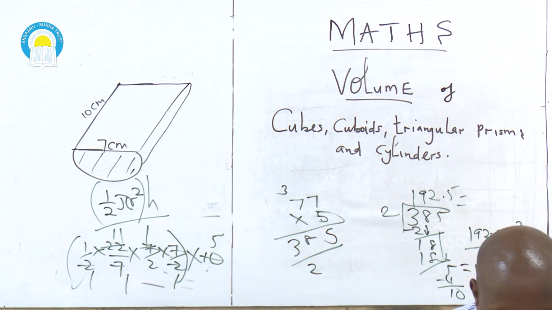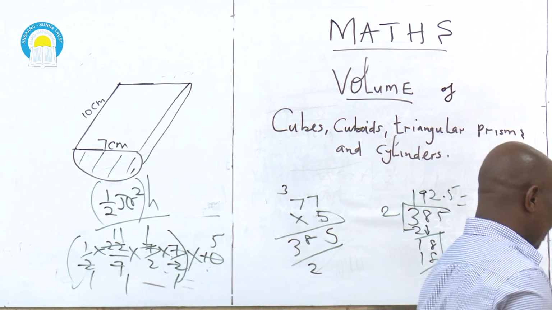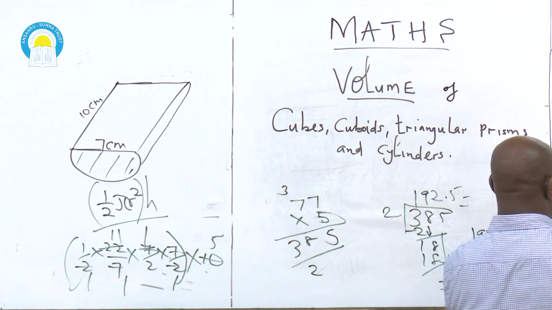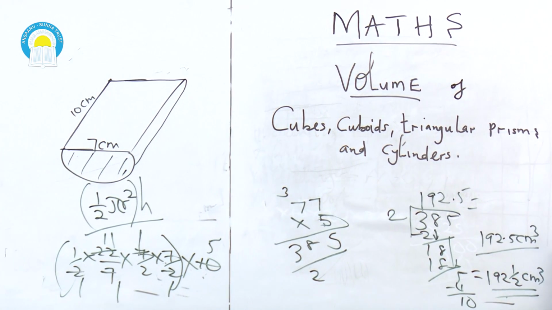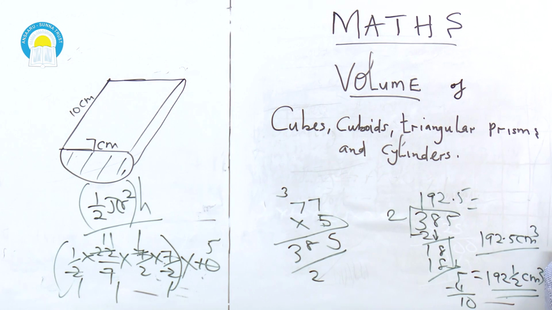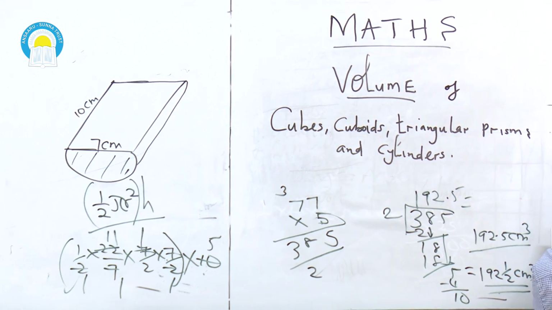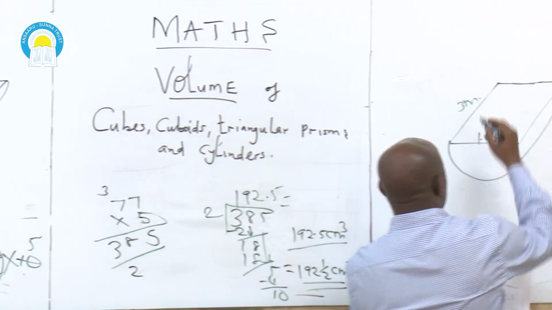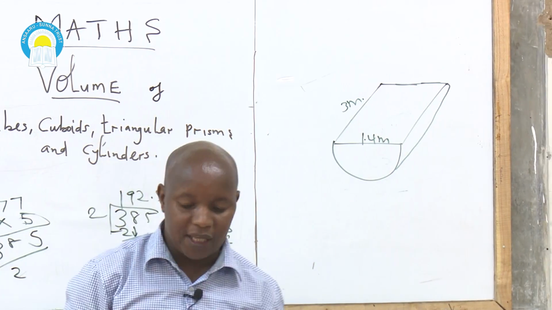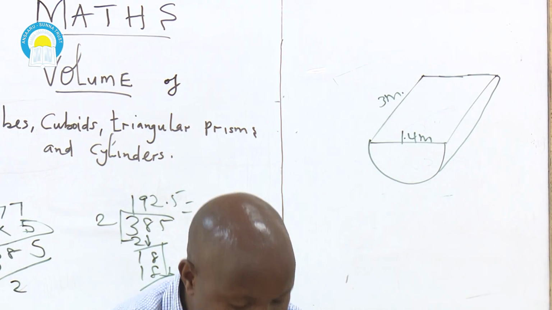So this question has been tested since the start of KCPE. This one is a half cylindrical solid. The diameter they are giving is 1.4 meters and the height 3 meters. Then they're asking, find the volume of the container in cubic meters.